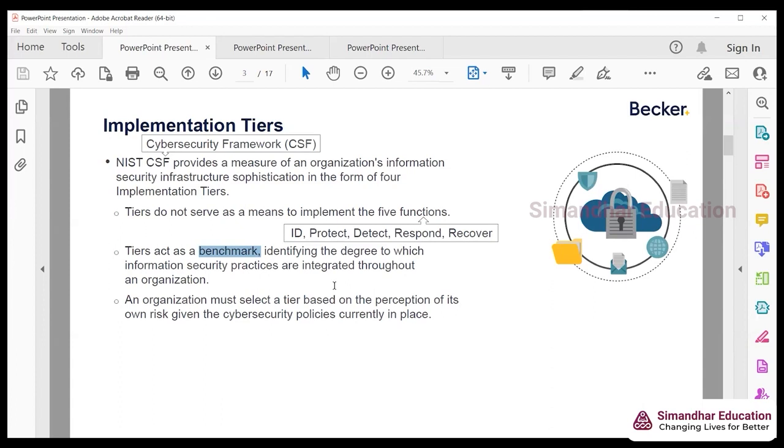So you have that benchmark. If 100 people are giving the exam, 50 people are going to pass, 50 people are going to fail. Now we can assume whether we will be in the first 50 or second 50 based on our level of confidence in our studies and the revisions that we have done.